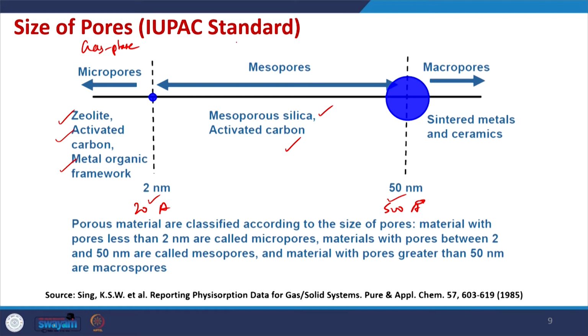Mesopores are more relevant for water or wastewater treatment. So, we always look for mesoporous adsorbents for water treatment. Micropores are not that much considered, because if a material has more micropores, it may be underutilized. Micropores are only the bigger size pores where the initial transport of the adsorbate will occur.